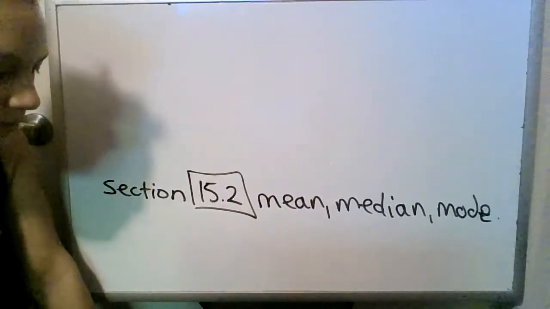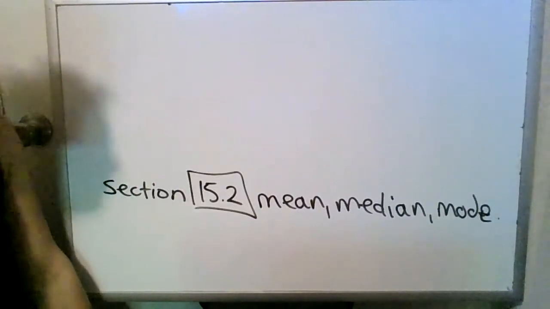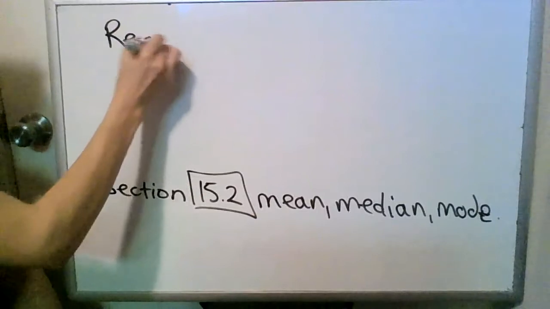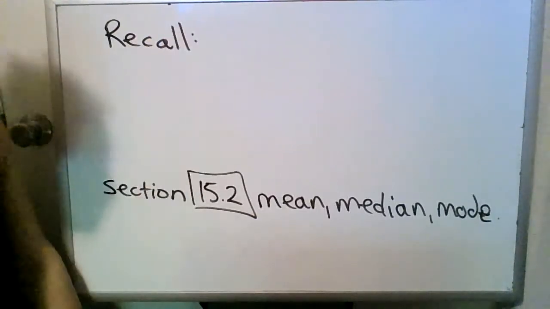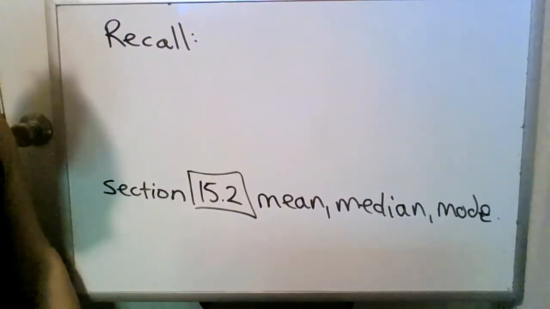All right, so in 15.1, we started talking about sets, and they were mathematical sets. So recall in the sets that we talked about before, there's no order and duplicates are not counted.